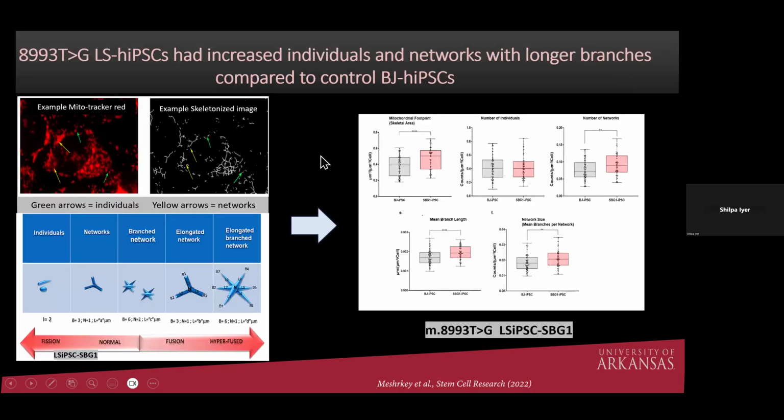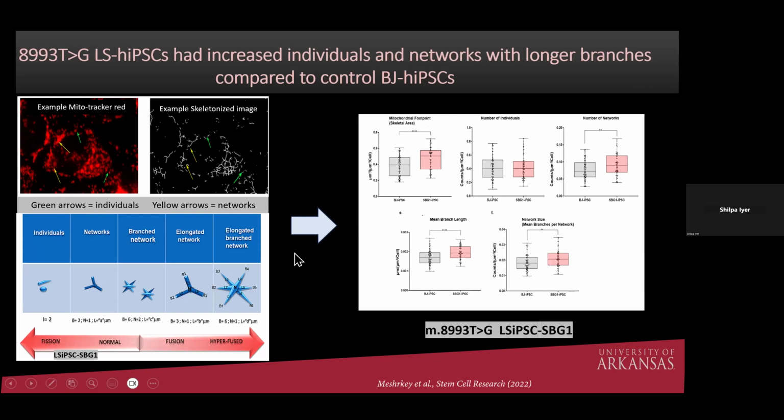The first thing we wanted to analyze, when we saw the iPS cells, was whether they indeed have mitochondrial morphological differences and whether we could detect them. It was an undergrad project, so a very visually appealing one.